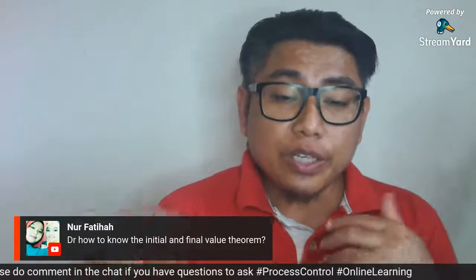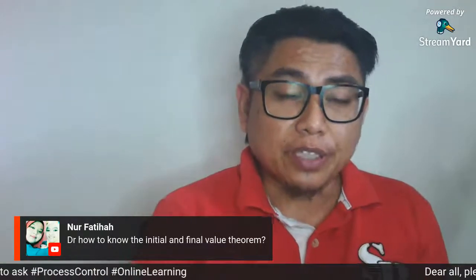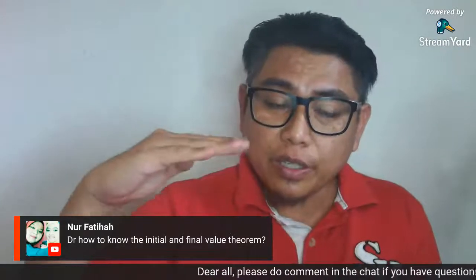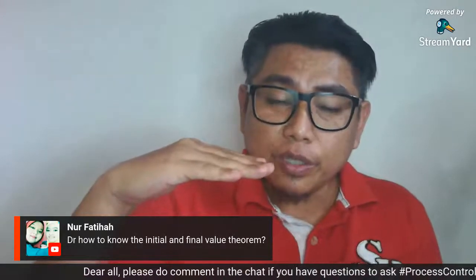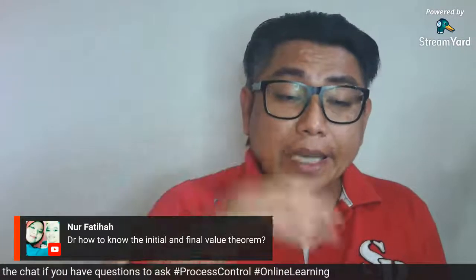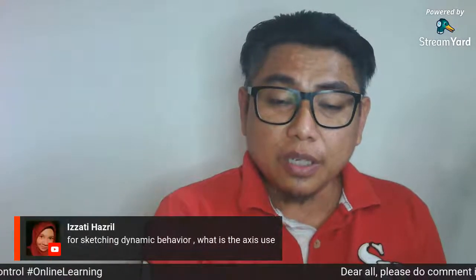That's why we evaluate the final value at t equal to infinity, because we assume once it has settled, it will remain steady state until a disturbance comes to your process.